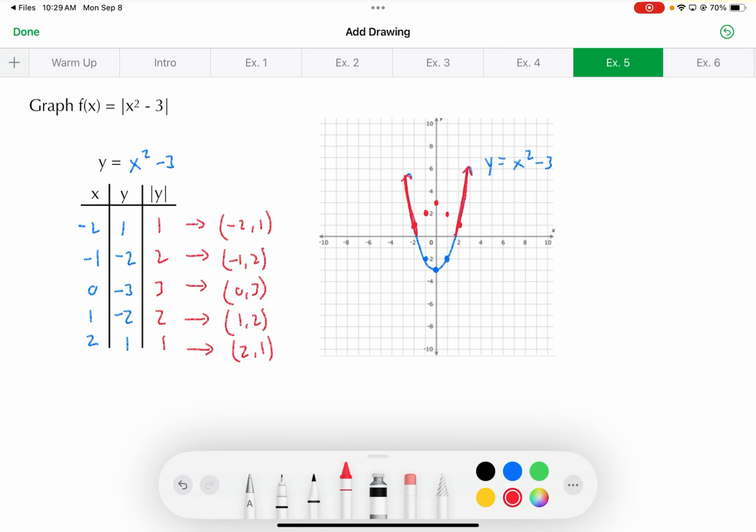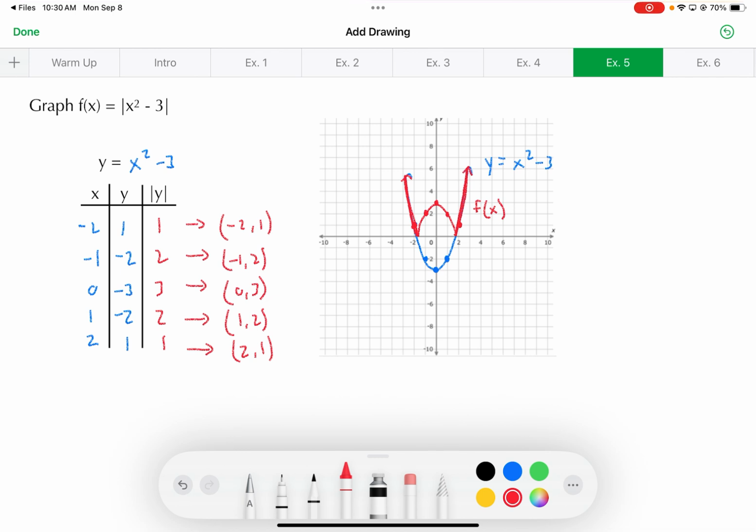So all of those points that I just highlighted in red are now part of this graph of f of x. And then the blue points that are left, that are below the x-axis, those are the ones whose y's change sign and go to being above the x-axis. So that's where the rest of those critical points come into play.